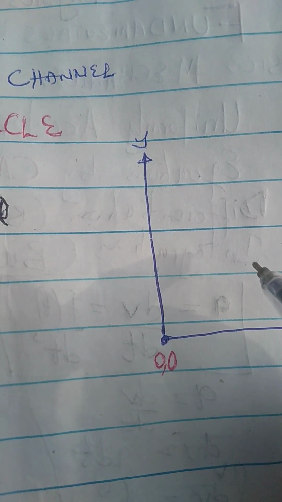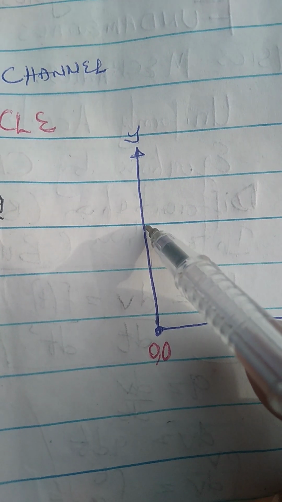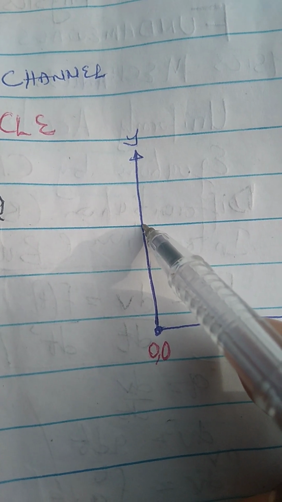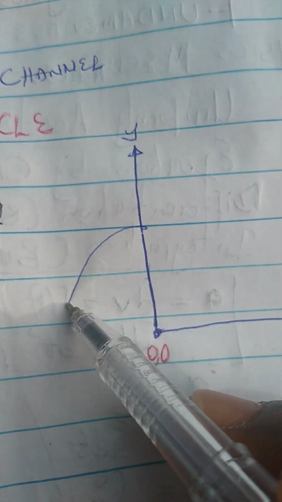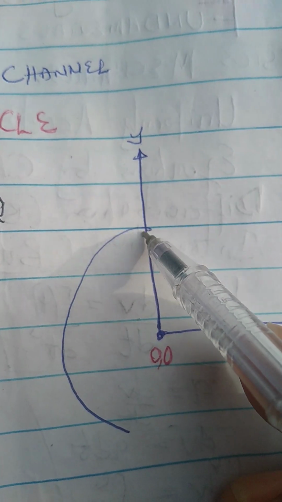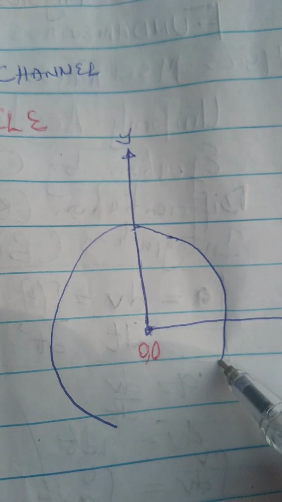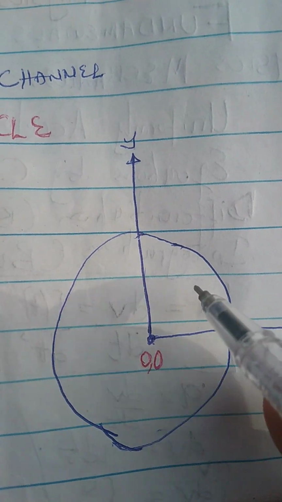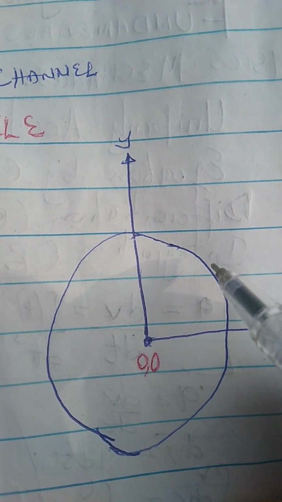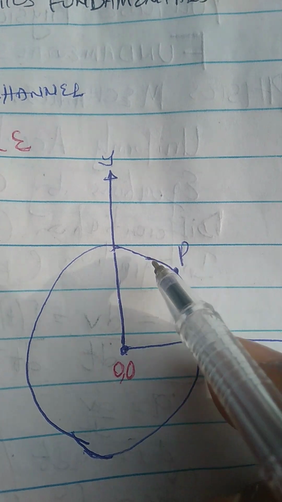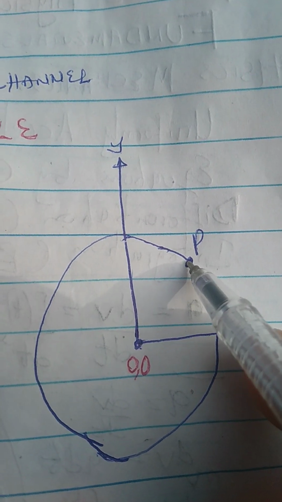Now, if we draw a circle around the fixed point O at the origin, this is a circle.